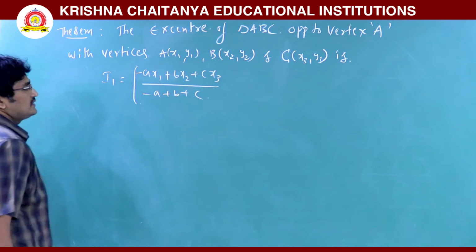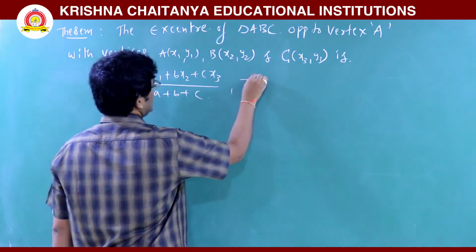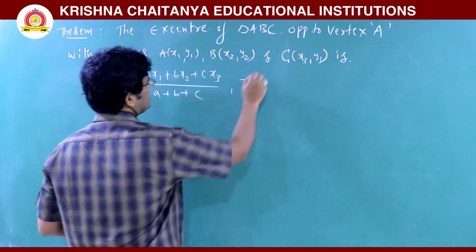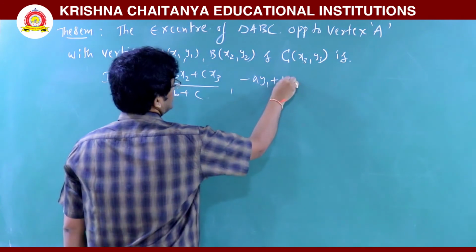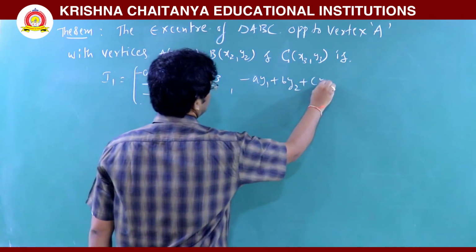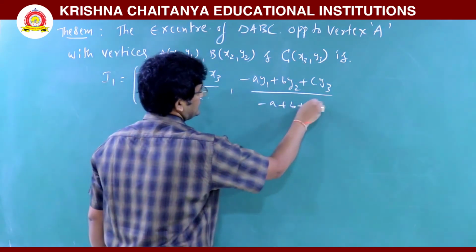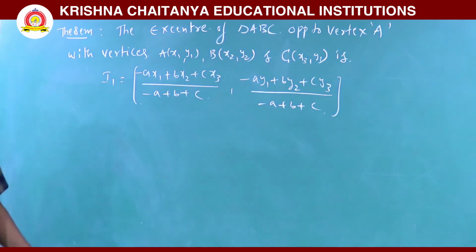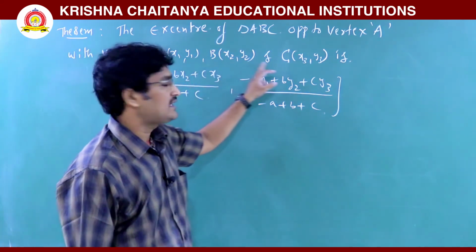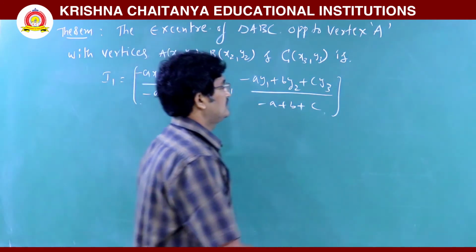It is the abscissa of excenter opposite to vertex A. And the ordinate: minus a y1 plus b y2 plus c y3 by minus a plus b plus c. This is the excenter opposite to A of triangle ABC with the vertices A, B, C like this. Okay, you have to remember this formula. So how is it derived? You have to do it now.